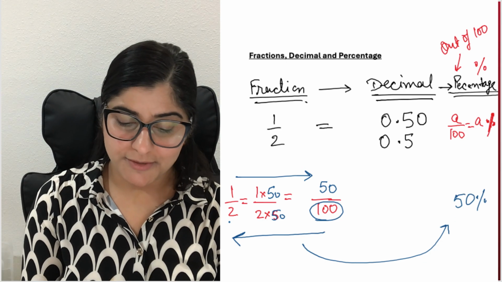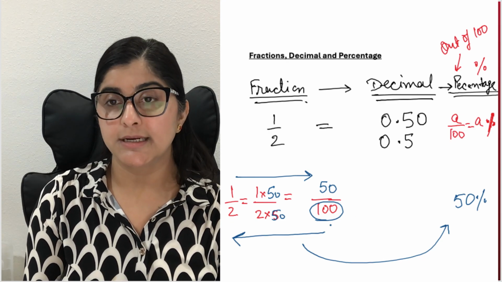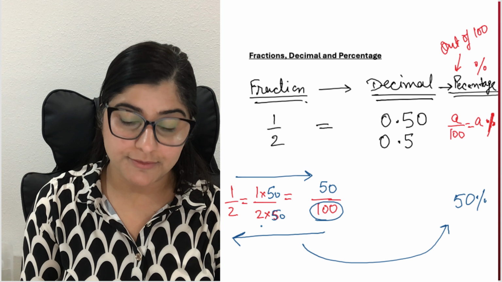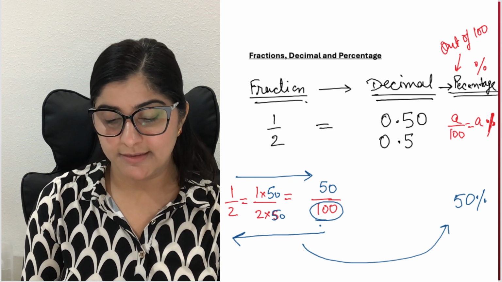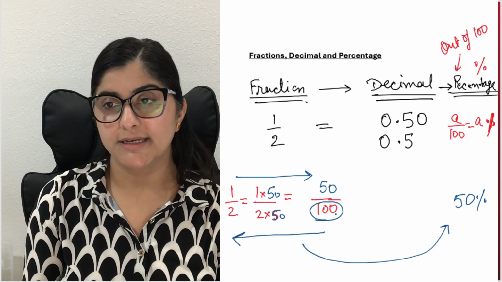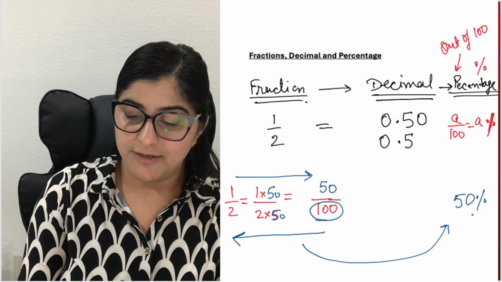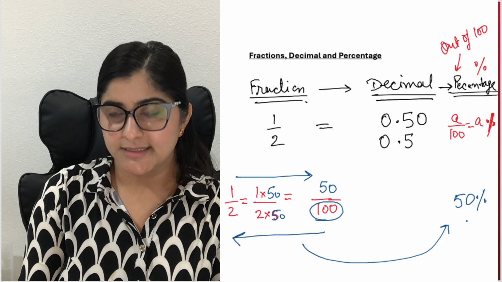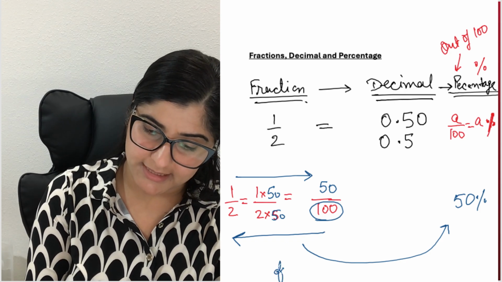Clear? Whenever you are given a fraction, try to write the denominator as 100 and see what number you have to multiply the denominator by to get 100. Do the same thing to the numerator and write down a fraction with denominator 100. The numerator will give you that many percent. This is how we change fractions to percentages.